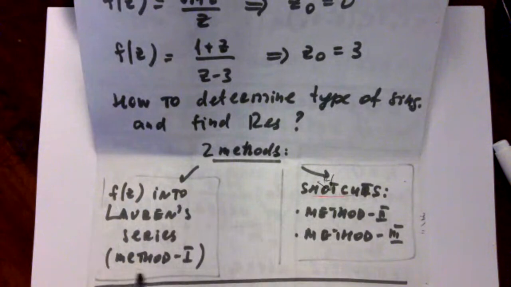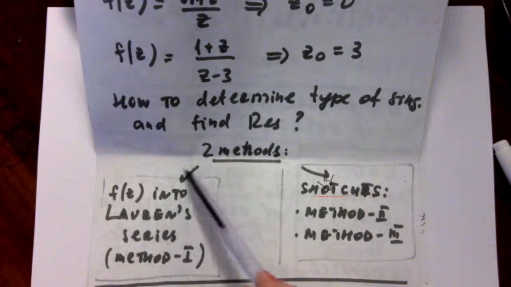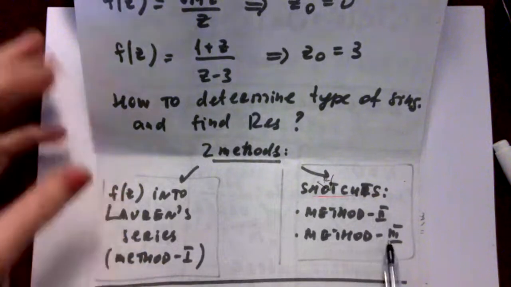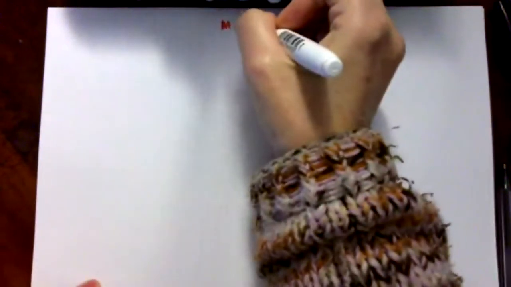We already discussed the first method, which was about expansion into Laurent series. It was in tutorial 12, part 1. Method 2 was discussed in part 2 of the same tutorial, and now finally the time comes for method 3. So let's write it down. Method 3.